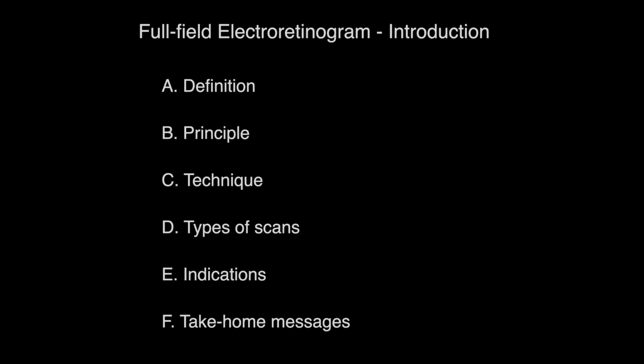What are the types of scans? The International Society for Clinical Electrophysiology of Vision, the ISCEV, introduced standard waves for different forms of ERG recording. There are mainly 6 protocols, although in the past they used to be 5.